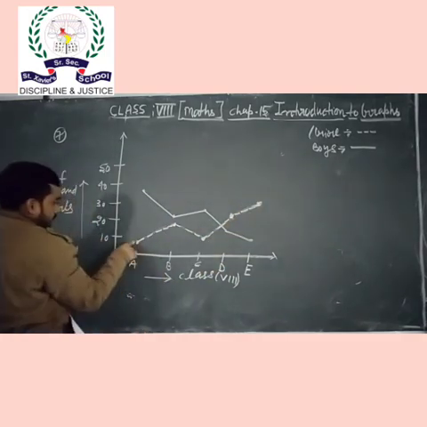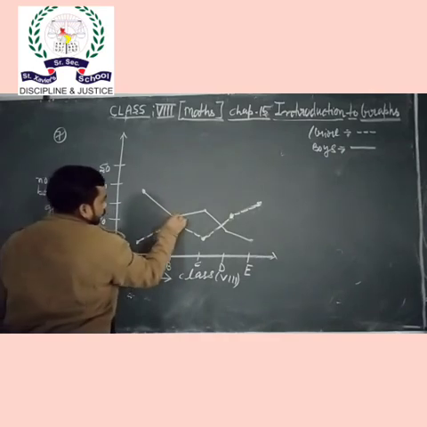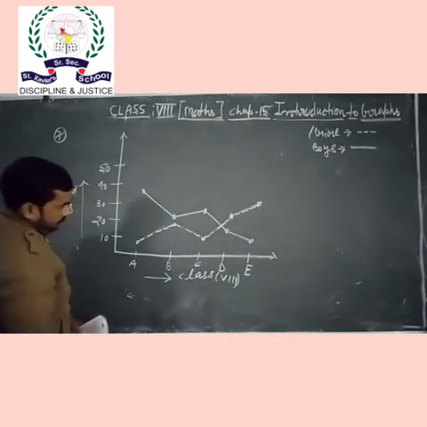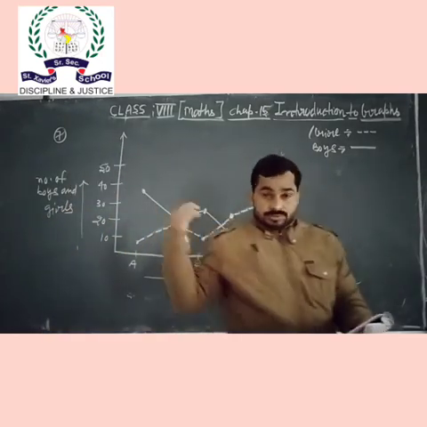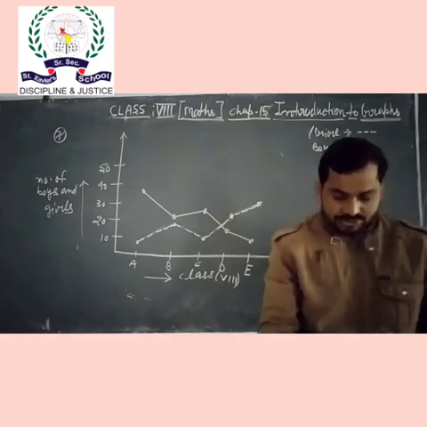These are the 5 sections: 1, 2, 3, 4, 5. So this type of graph shows the number of girls and the number of boys.